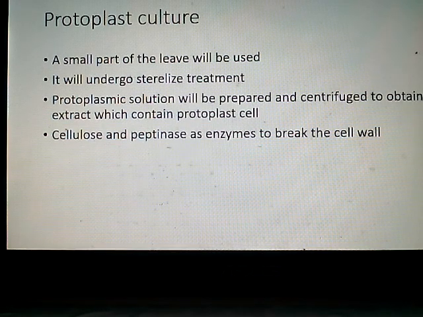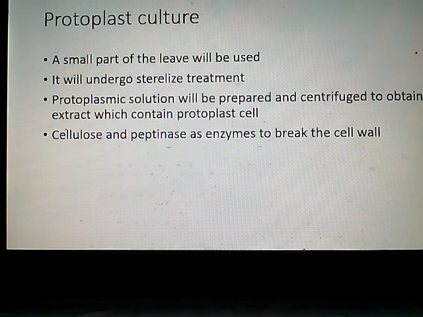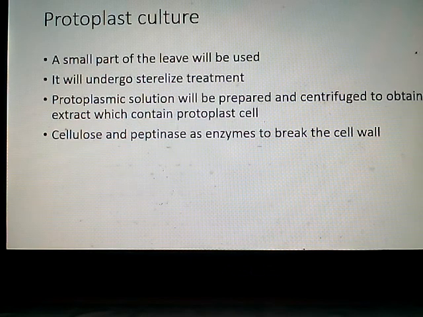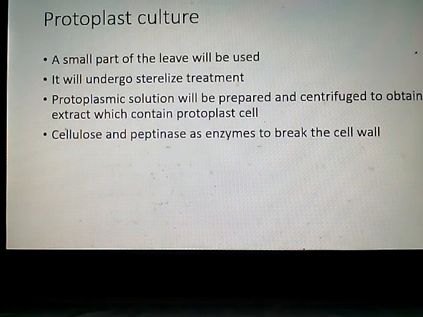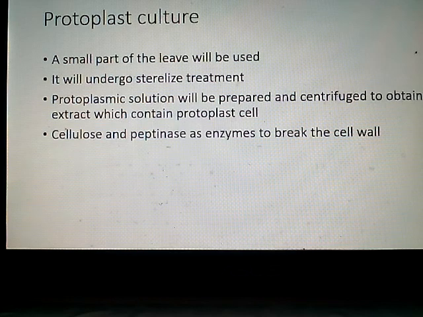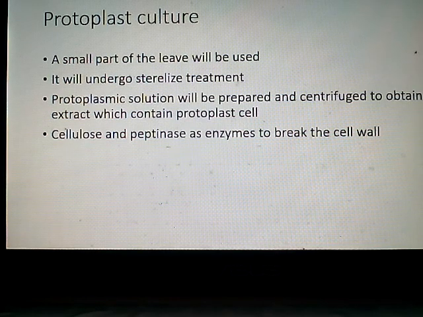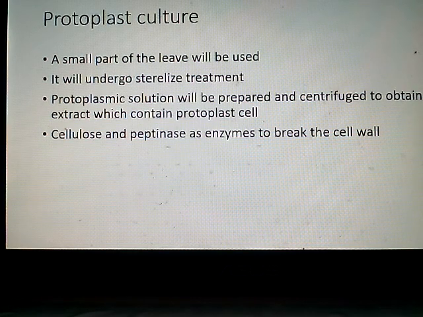Before we transfer the tissue culture, we have to prepare a protoplasmic solution where we break down the leaf into small parts and transfer it into a test tube and centrifuge until it produces a solution called protoplasmic solution, or in other words, the extract of the protoplasm cell.